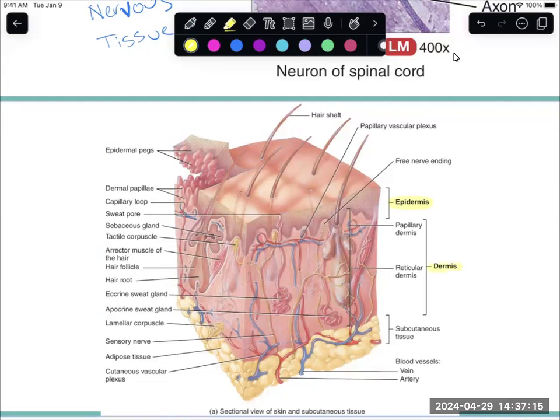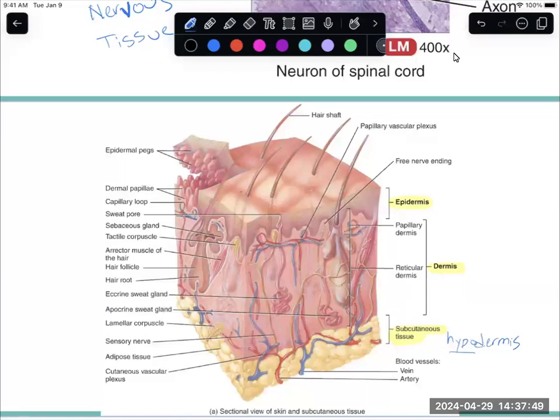The dermis, which is that middle layer, and then the subcutaneous layer, which is also known as the hypodermis. Hypo means below the dermis. The epidermis is split up into different layers. If you're looking at your lab sheet, we'll go through those layers when we have a better picture of it. This one's not going to show them all.